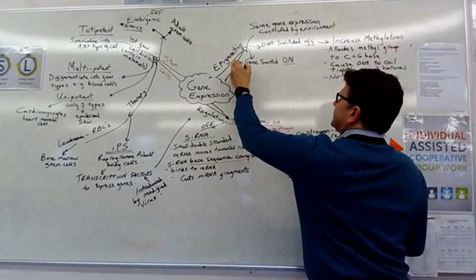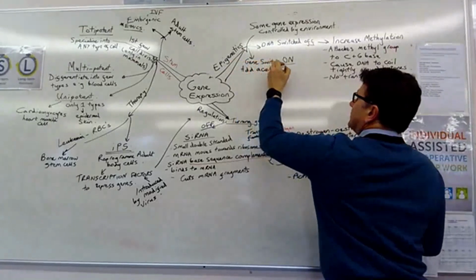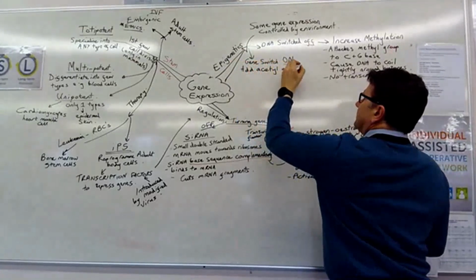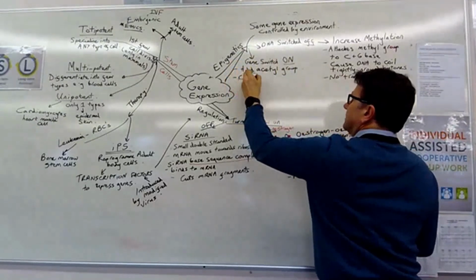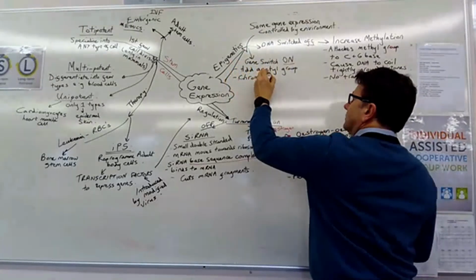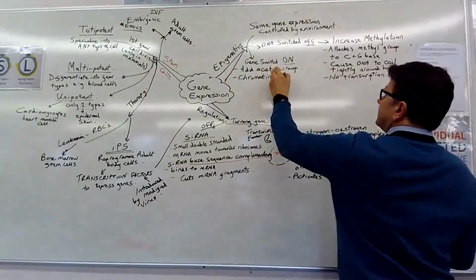So an added acetyl group leads to chromatin being less condensed.